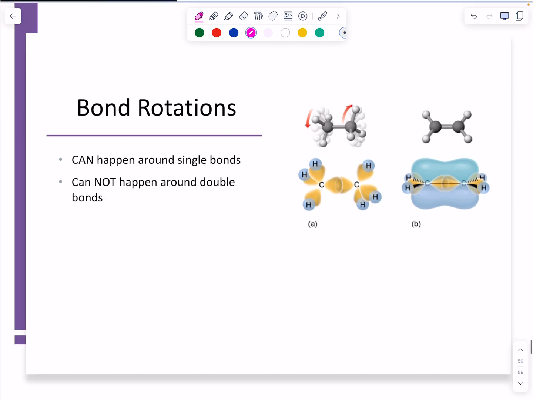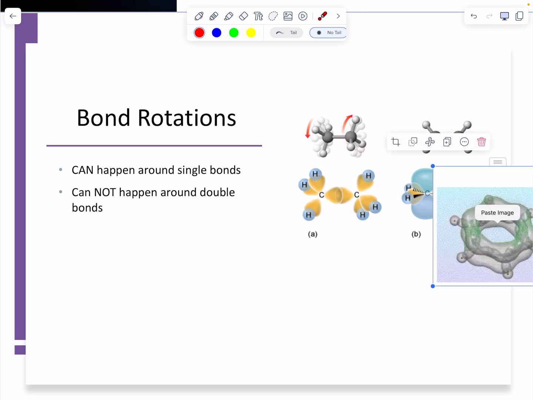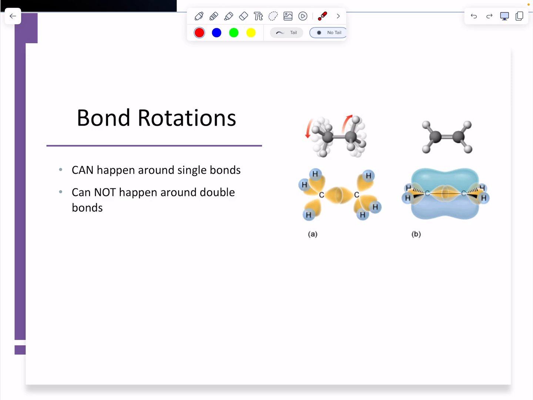Okay. So we're still going to be thinking about sigma and pi bonds, but now we're going to think about the impact they have on whether we can do what's called rotate around a bond. So if you look at these, we've got a single bond here, and there are 3 hydrogens attached to each of those carbons.